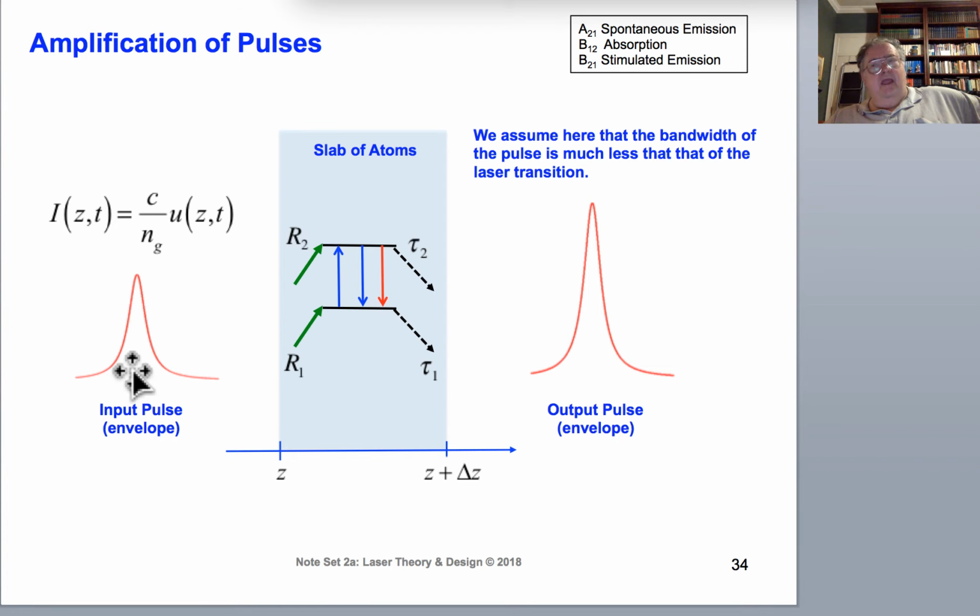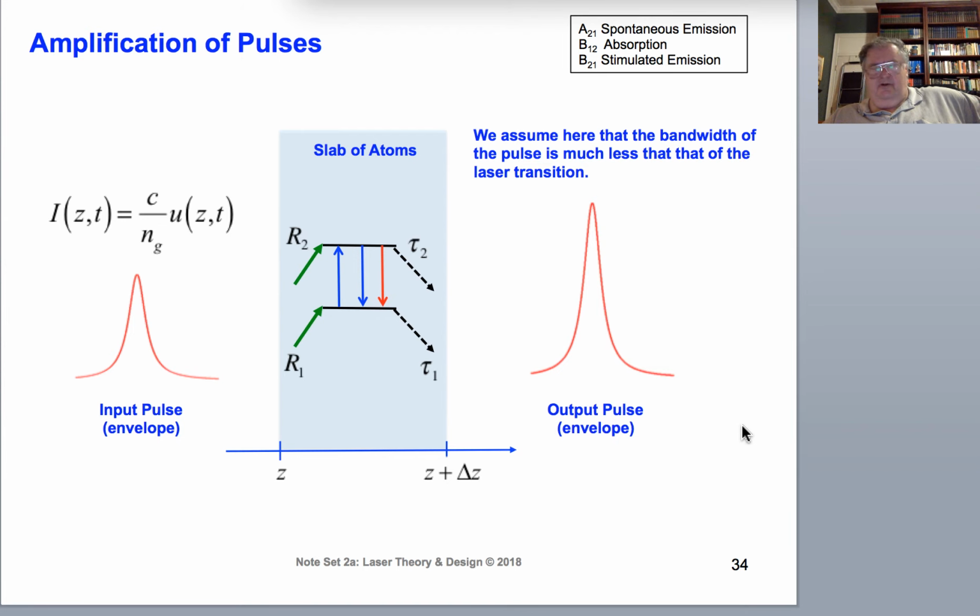bandwidth, but the bandwidth of the pulse is still much, much less than the atomic transition, which is no big deal of an assumption if you think about it. If you have an optical telecommunication system, the operating wavelength is about 1550 nanometers. That corresponds to just under 200 terahertz.